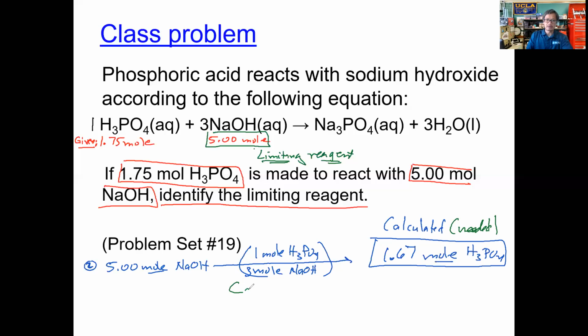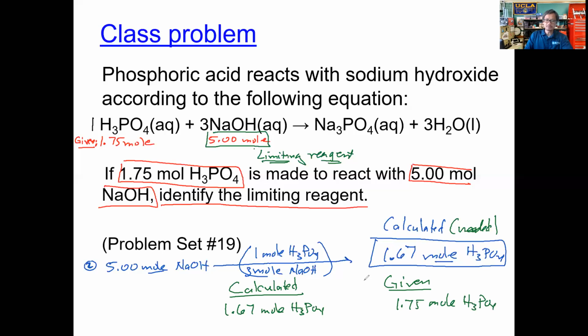So let's compare our calculated amount. We calculated that we need 1.67 moles of H3PO4. Our given amount, that is what we start out with. Remember, the given is always going to be what we start out with, is 1.75 moles of H3PO4.